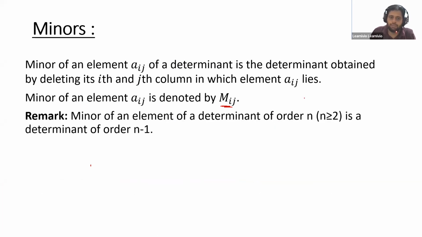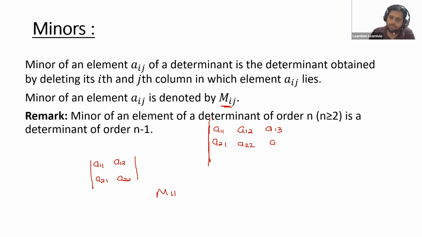Next, one more thing. If we check the determinant of order 2, A11, A12, A21, A22, okay. We will understand this with an example: A11, A12, A13, A21, A22, A23, A31, A32, A33.